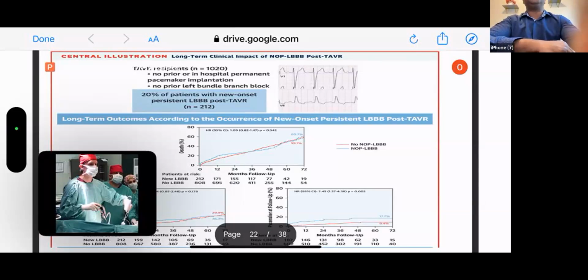But based on the first two slides here, you see that there's no difference in death, there's no difference in heart failure admission. So this kind of threw everything out of the window for us. But like I said, neither of these two studies is a randomized control trial. So what we do most of the time is that if the QRS is quite wide, like 160 and above, we usually go ahead and put a pacemaker in them.